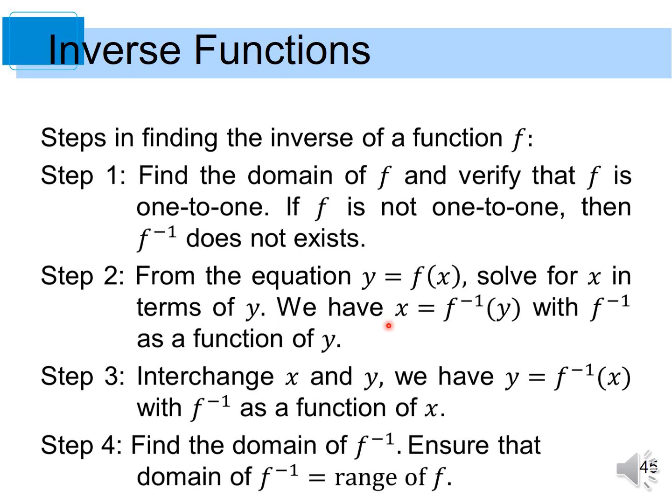We have x equal to the inverse function of y. Third step, interchange x and y. We have y equal to the inverse function of x. Last step, find the domain of the inverse function. Ensure that the domain of the inverse function is the same as the range of the original function.